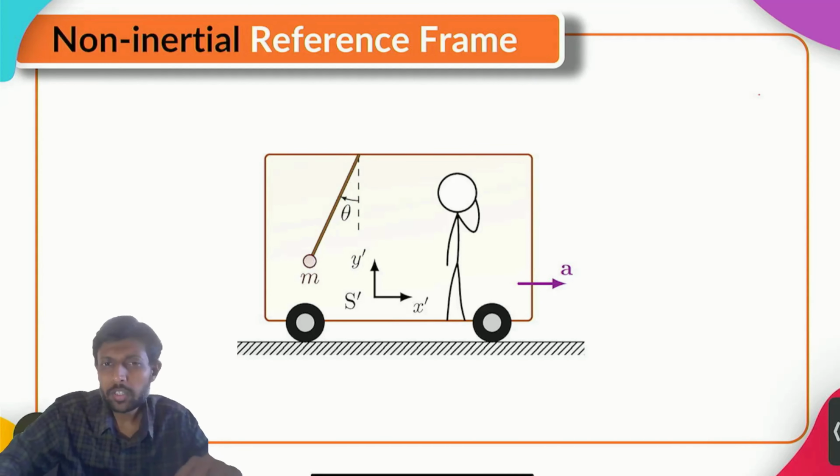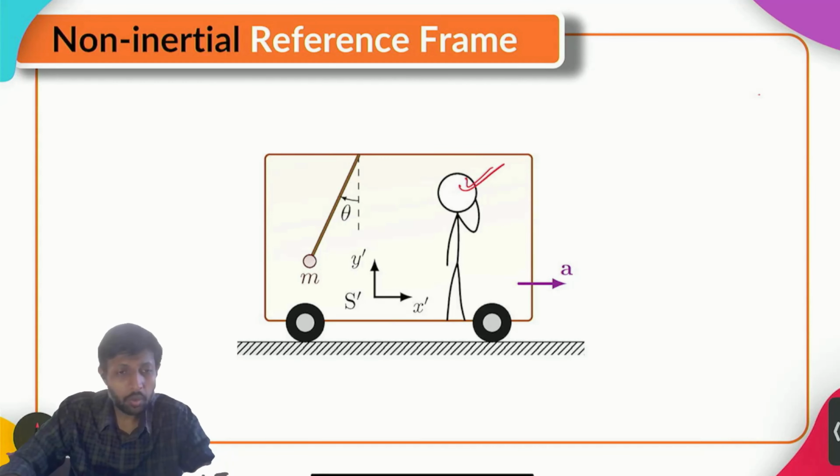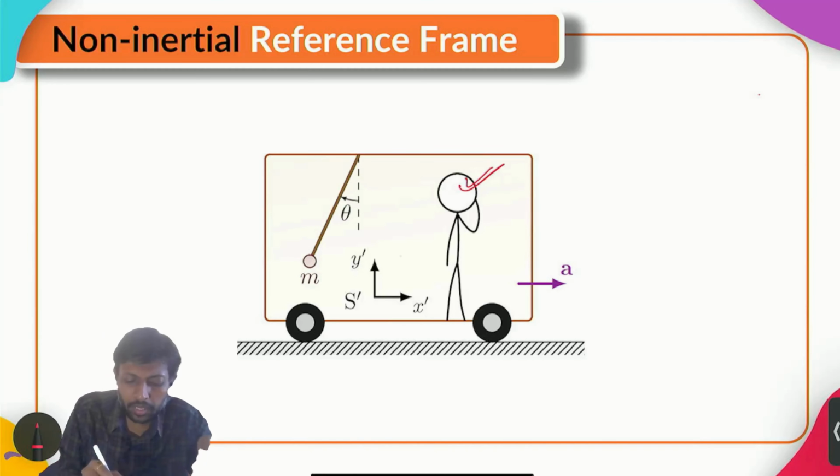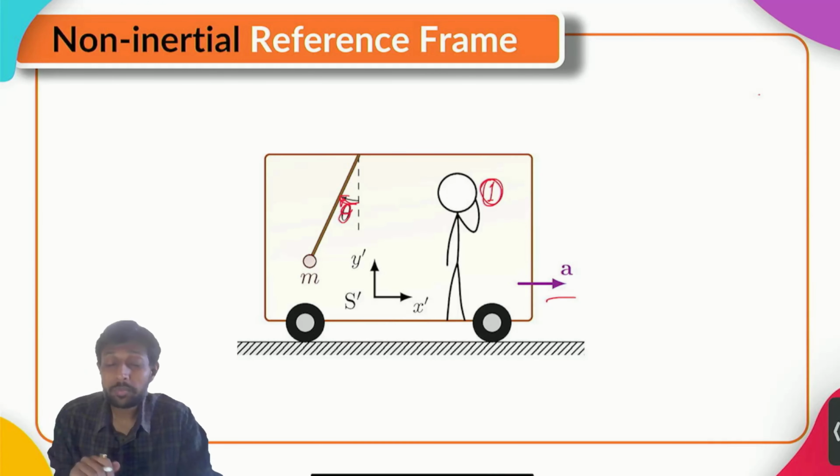Now, think about what is going on in the mind of this person. This person is thinking, I don't see any forces apart from mg acting on the bob. So, what pushes this bob further towards the left side? So now this physics student is trying to figure out why the pendulum moved towards the left side.